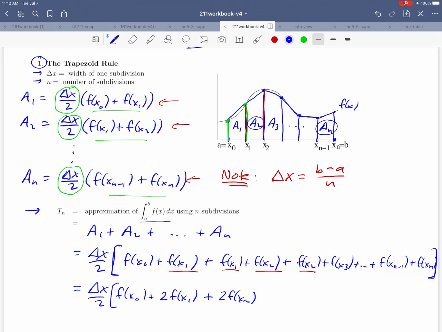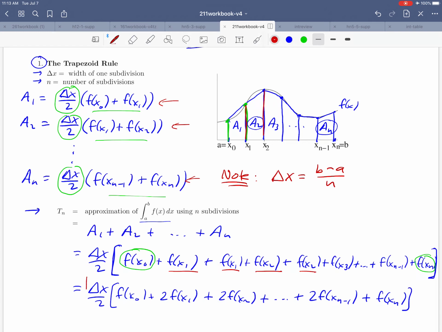And if you continue, which terms are going to have 2's in front of them? Every term is going to appear twice except for the very first one and the very last one. Those two only get listed once. So we're going to get 2's in front of everything up to the second to last term, and then the last term is just going to have a 1 in front of it.